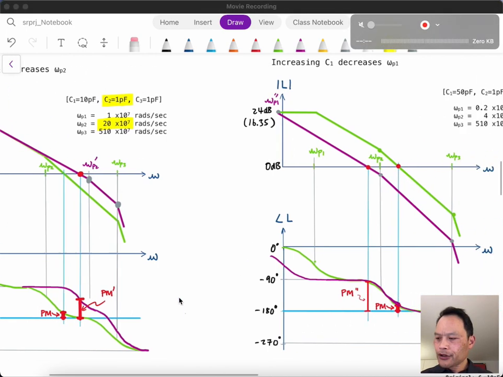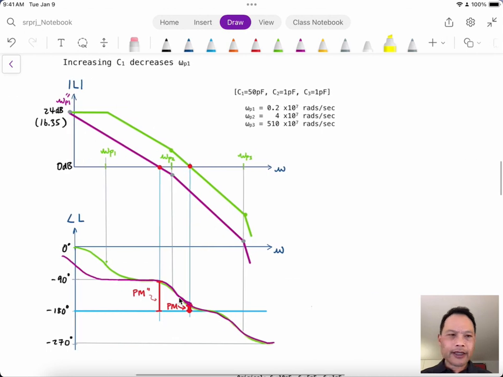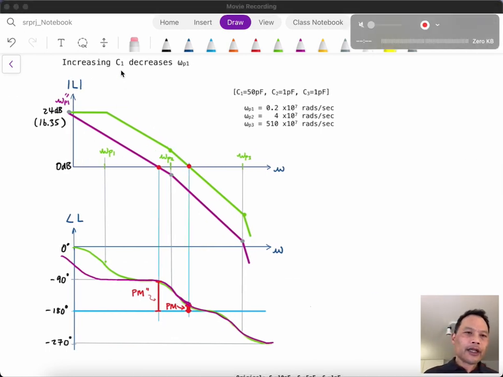The other solution or possibility is, what if we decided to increase C1 and thereby decrease omega P1? So we'll leave omega P2 and P3 alone. They are in the same locations as before, but now omega P1 has moved from here down below.